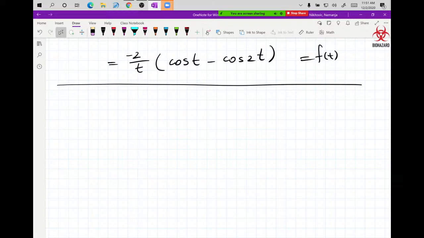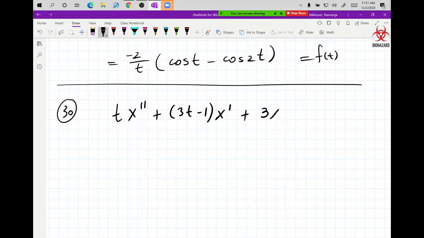It doesn't matter which one we pick, like 30 for instance. t x double prime plus 3t minus 1 x prime plus 3x equal to 0, and x of 0 is equal to x prime of 0 equals 0. Remember, we can never do Laplace without this because derivatives have that in their formulas.